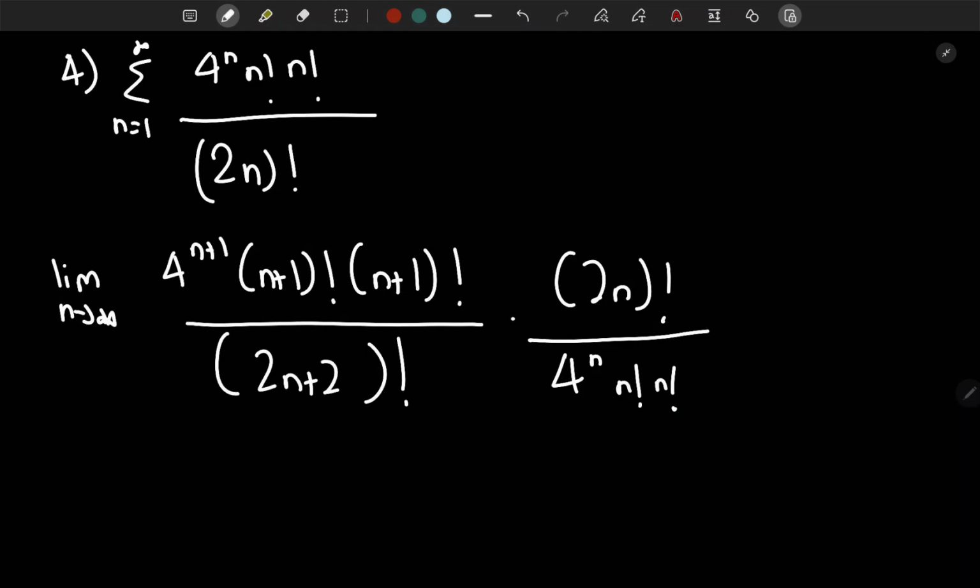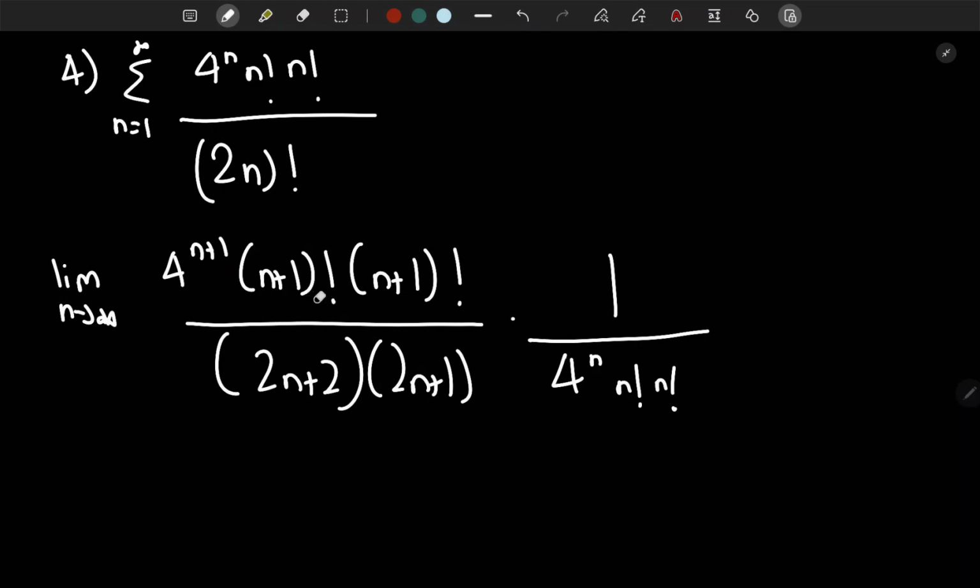So once again, take a moment and try to simplify this yourself. I'm going to do it right now. Let's simplify this part first: it is going to be (2n plus 2) multiplied by (2n plus 1) multiplied by (2n) factorial, which cancels out over here. Here we have 4 to the power of n plus 1.